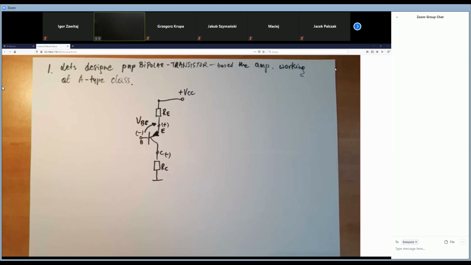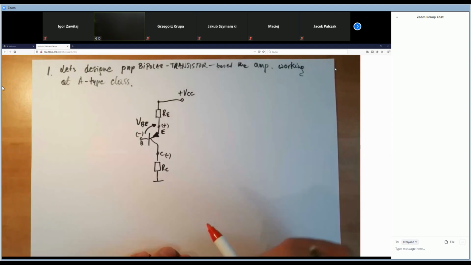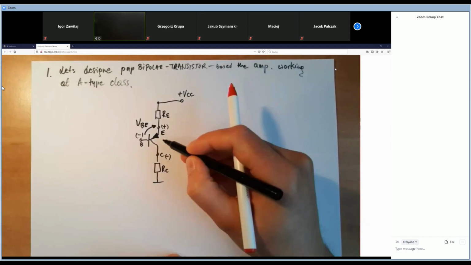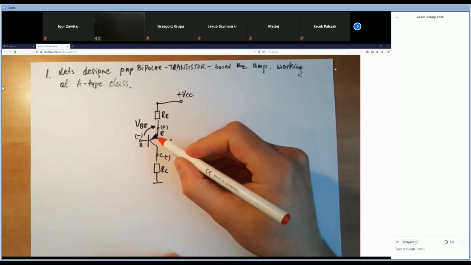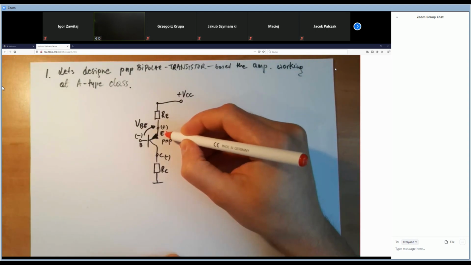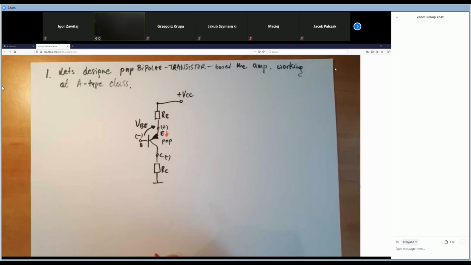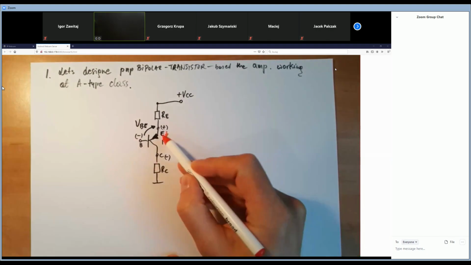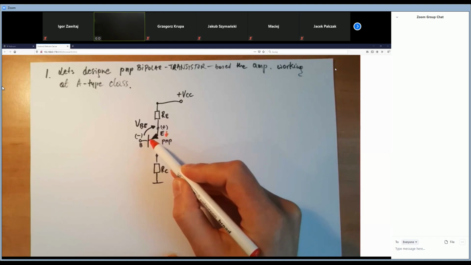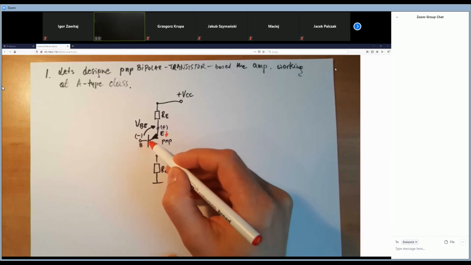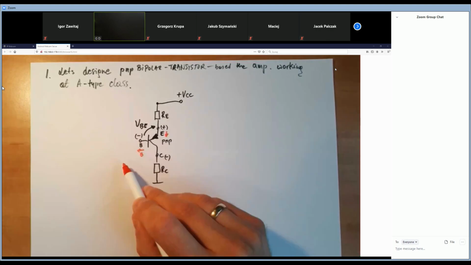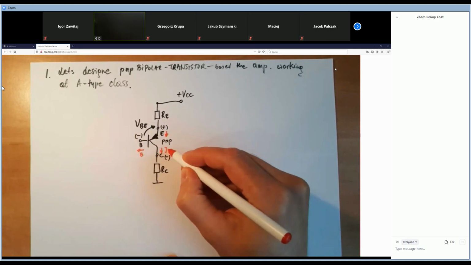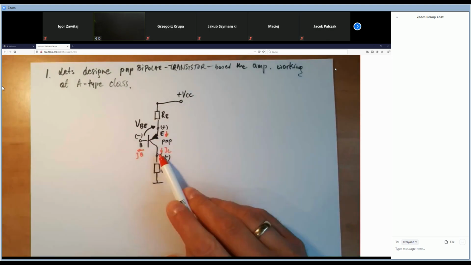How should the currents flow through the PNP transistor? Opposite to the NPN. This arrow shows that the emitter current should be entering the emitter, and this current in a PNP transistor is divided into the base current, which is leaving the base, and the collector current, which is leaving the collector.